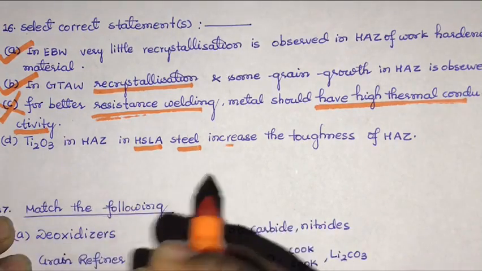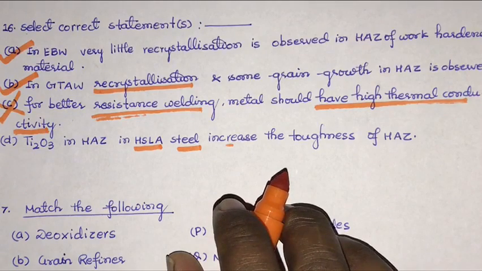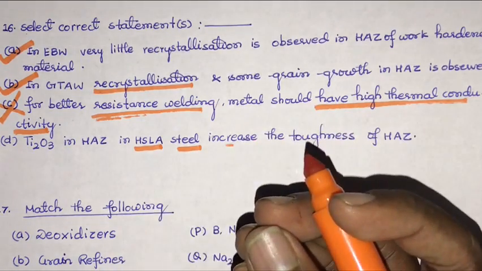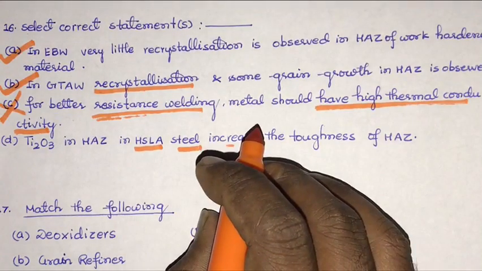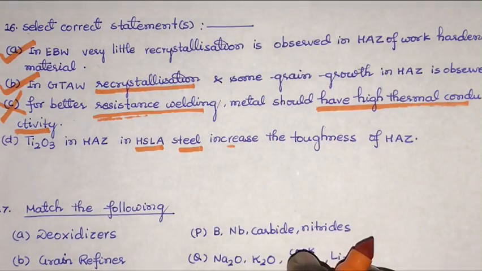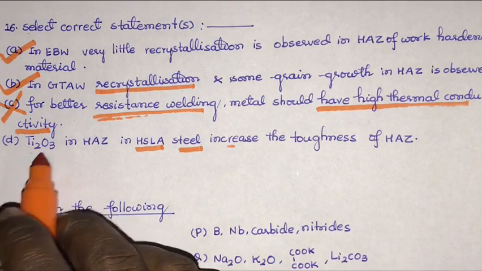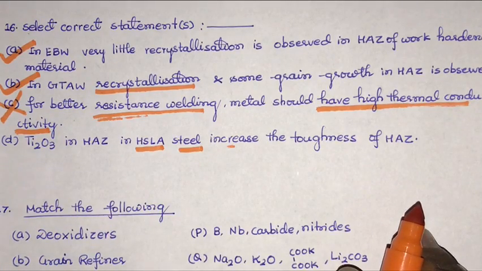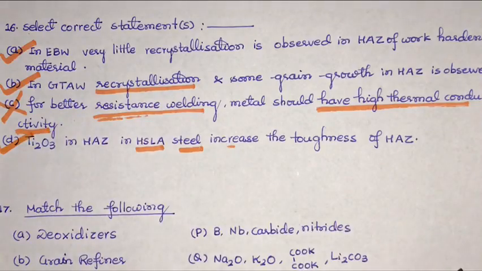Hence it acts as an effective heterogeneous nucleating site, where acicular ferrite nucleates in the gamma phase. Acicular ferrite forms within the coarse gamma grains, and hence it improves the heat affected zone toughness. So this is absolutely correct.